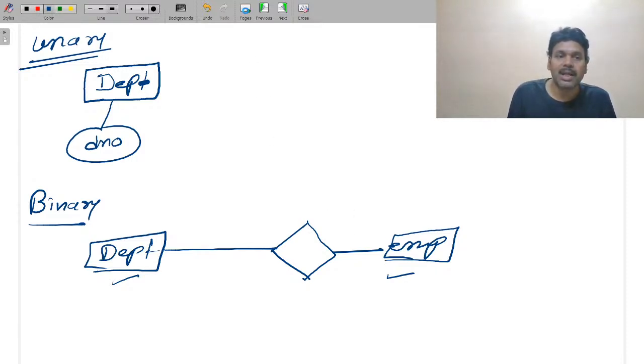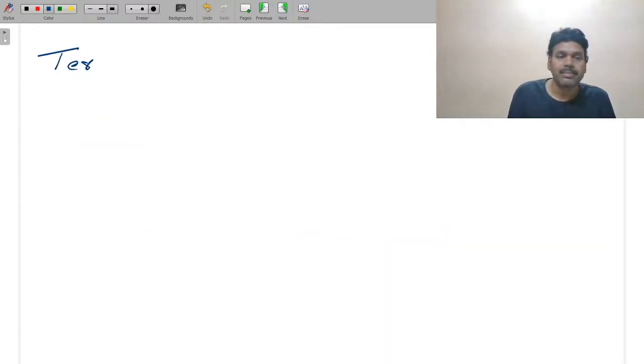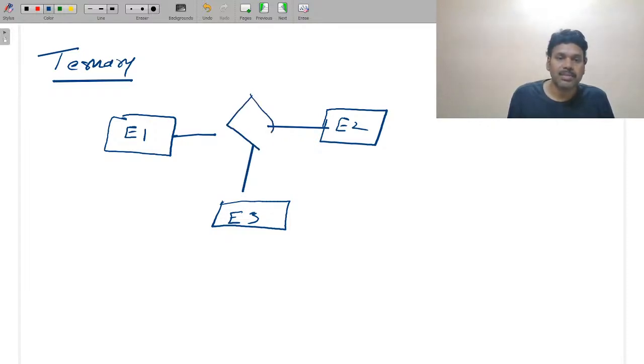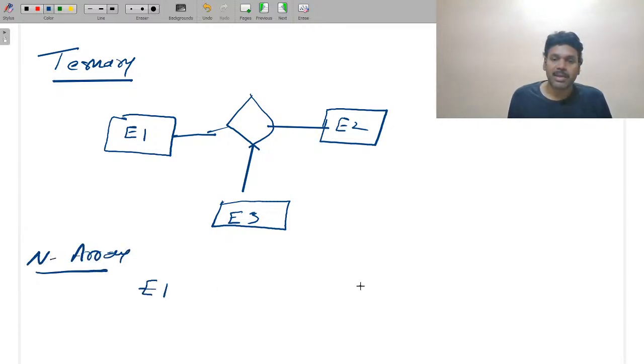If I am using ternary, there is entity 1, entity 2, entity 3, which participate in the relationship. This is ternary. If you have n-ary, several entities are involved in the relationship.